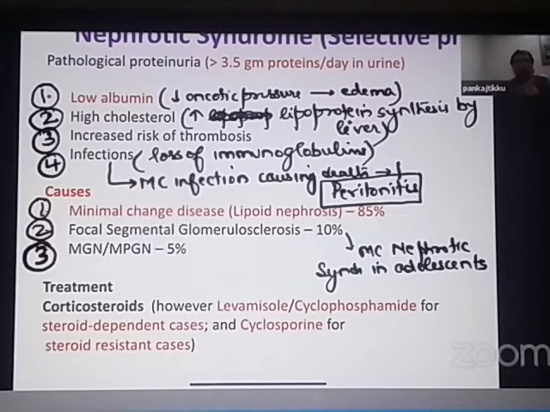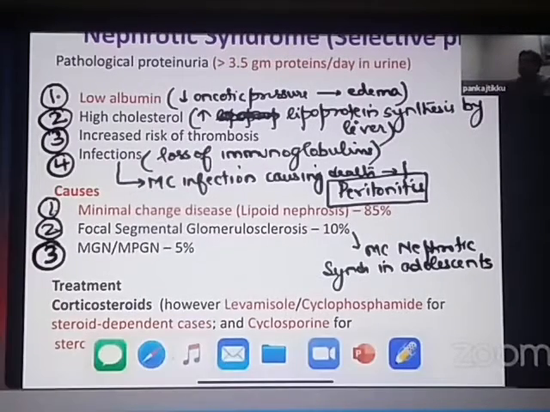So which is the most common cause in children? Minimal change disease. And in adolescents? Focal segmental glomerulosclerosis. So they are important. And the remaining 5% of cases in children are caused by membranous glomerulonephritis, MGN, or membranoproliferative glomerulonephritis, MPGN.